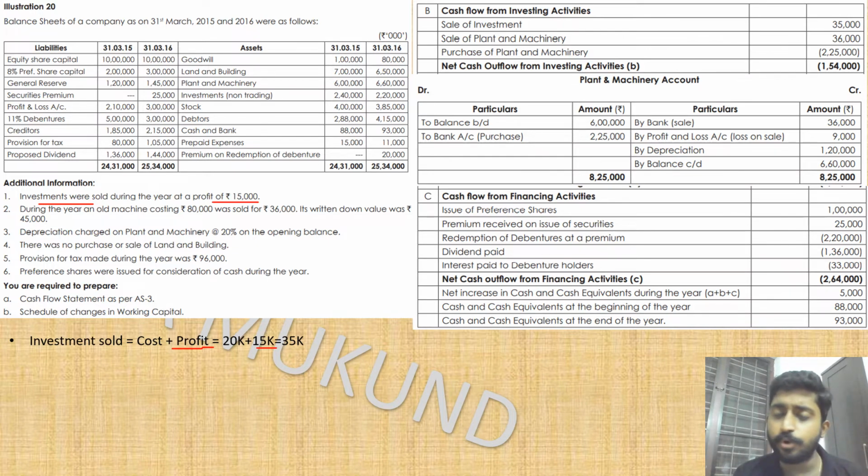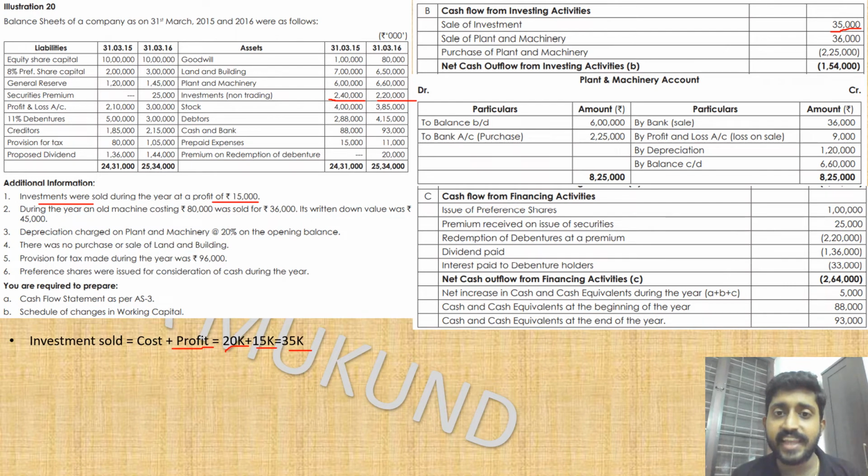The balance sheet always books the values at cost. So 2,40,000 was opening and 2,20,000 was closing, which means 20,000 is the difference that was sold. So 20,000 is the cost, plus the profit of 15,000 given in the additional information, so 35,000 is the sale value. It is a cash inflow, so I have taken it as positive.